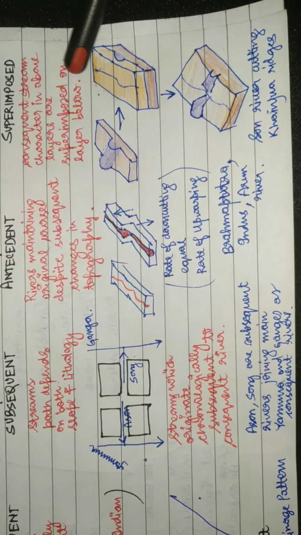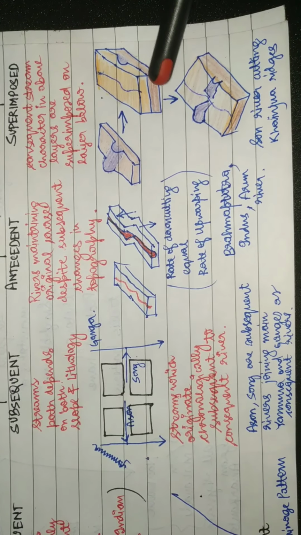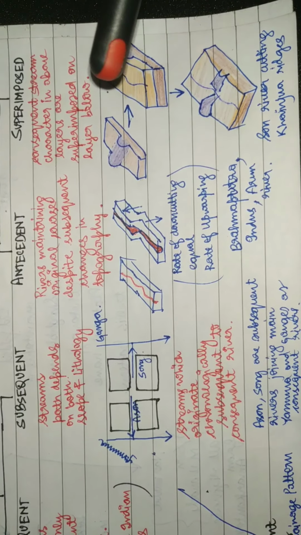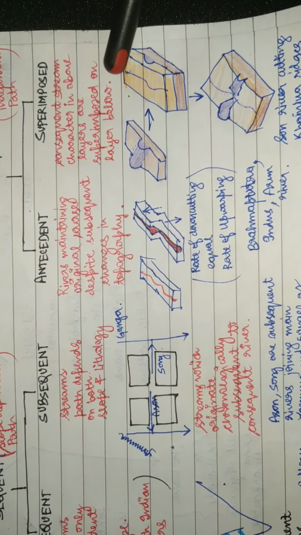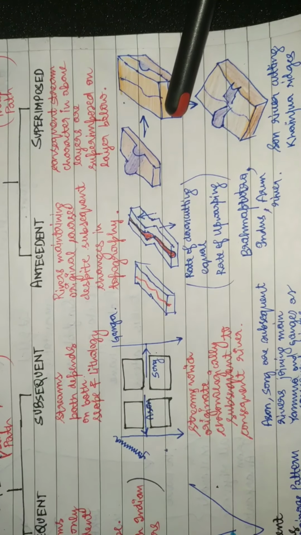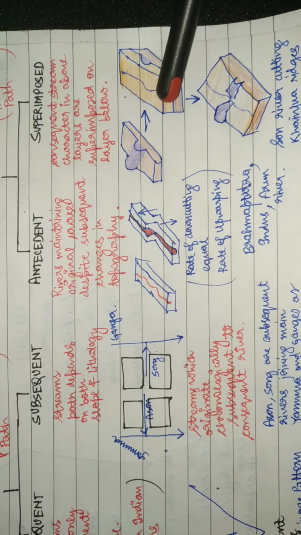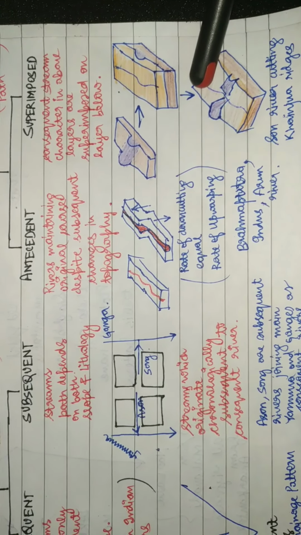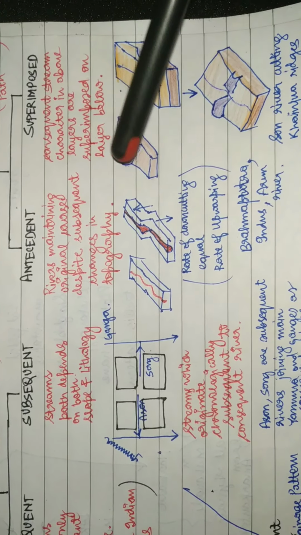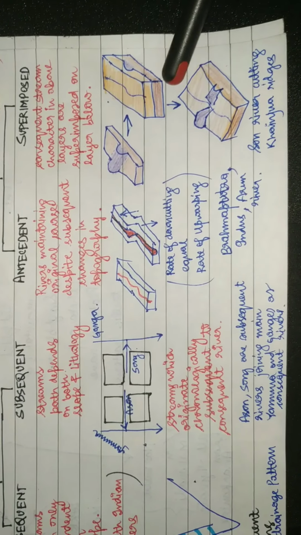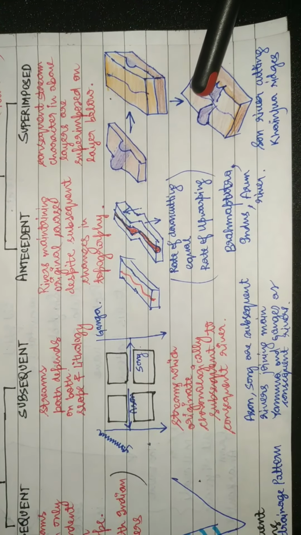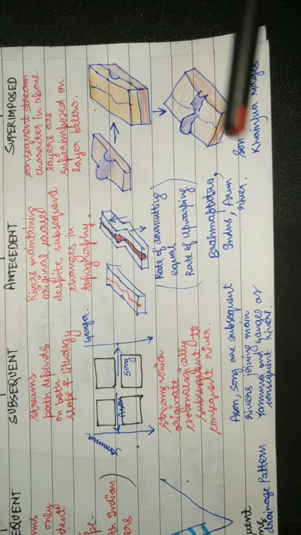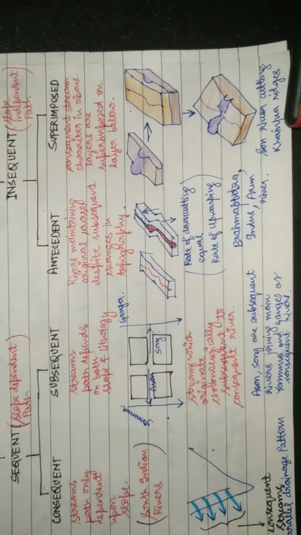Now the river completely erodes this land. The flow of the river along this almost straight line was a character of the upper layer. But even after the removal of the upper layer, the river maintains its path. It erodes the hard surface. So this character of the upper layer is superimposed upon the lower layer, and that's why it's known as the superimposed river. For example, the Son river cutting the Kaimur ridges.